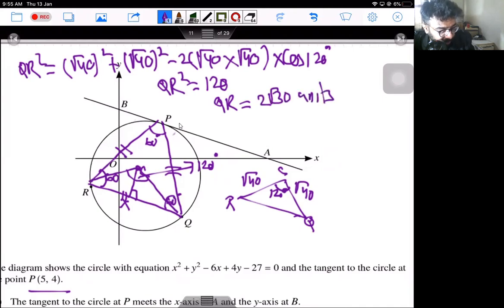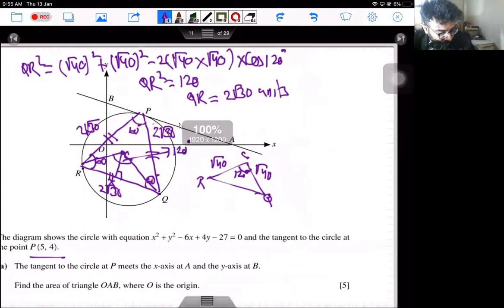Now, since we know that PQR is an equilateral triangle, and this QR is 2 root 30, this length PR is also 2 root 30, and this PQ length is also 2 root 30, and this angle is 60 degrees. Now we can use the sine rule formula for area.